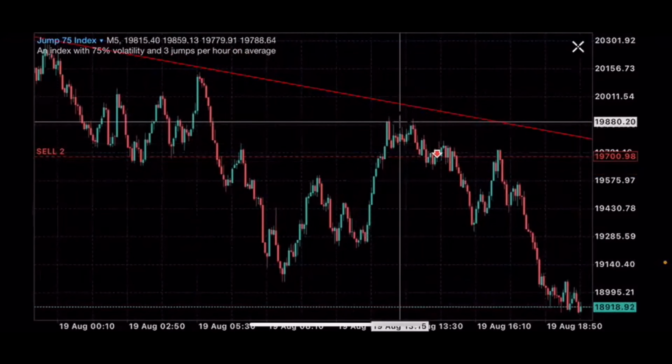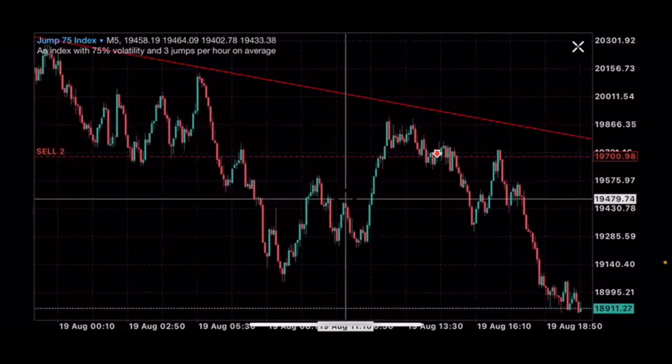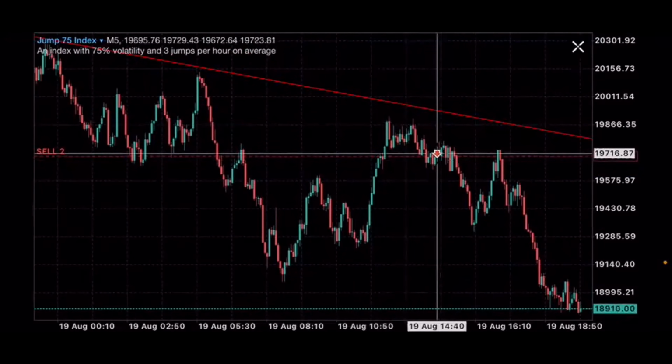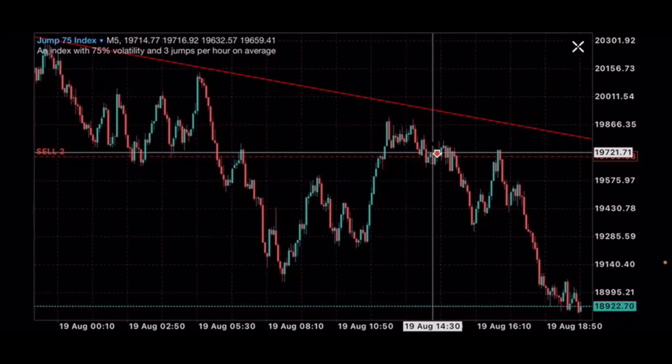Here, I decided to sell here. That's not a sniper. The lower time frame has not given me a valid option. But I took it here because the lower time frame gave me a valid option for a sell.